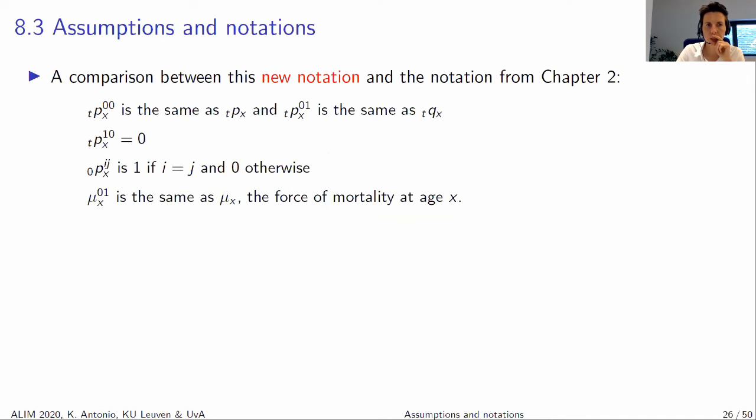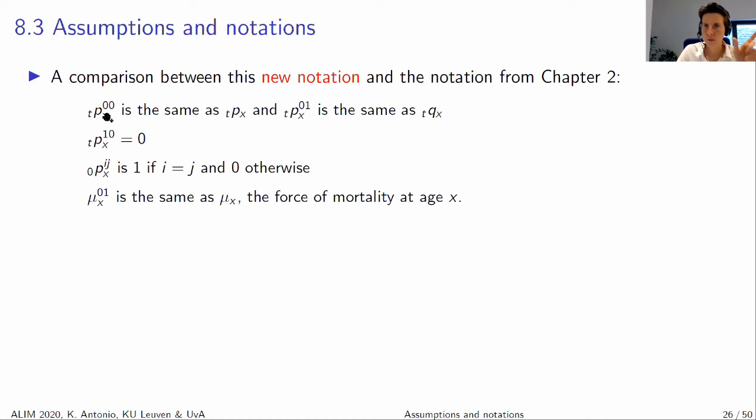I'm going to do that over here, so I'll get back to the previous sheet right away. If you look at the alive-dead model, we had state 0 is alive, state 1 is the dead state. So tPx00 is the same as our classic tPx as we know it.